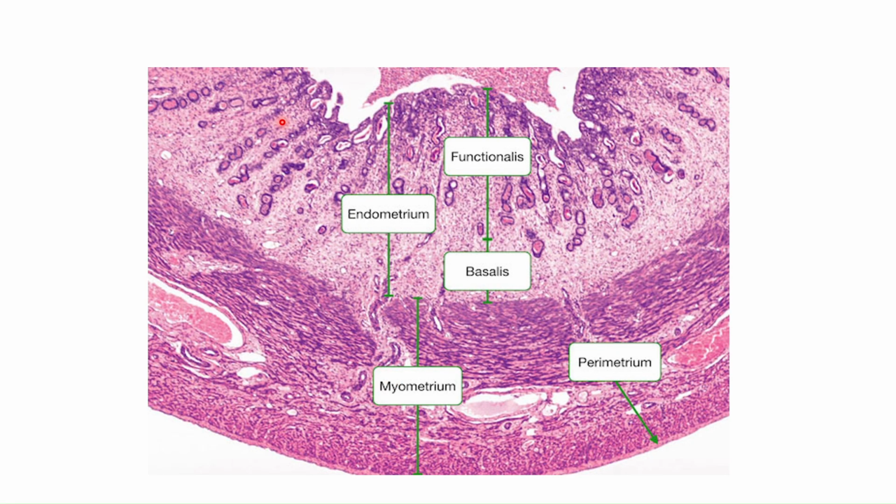This is a low power view of a histological section of the uterus showing endometrium, myometrium made up of smooth muscle cells, and this outer layer is perimetrium.